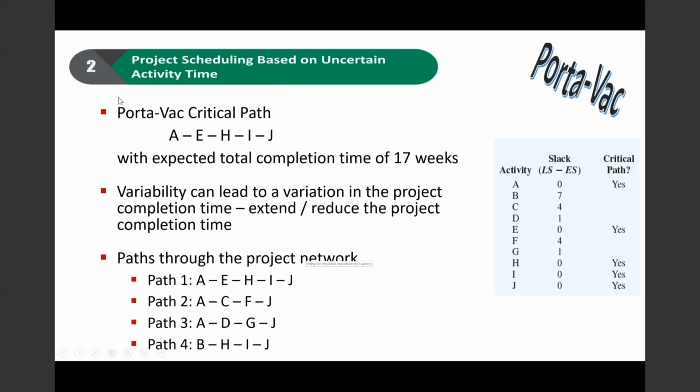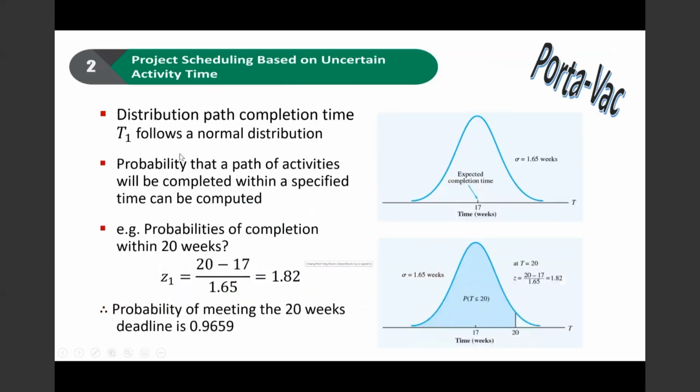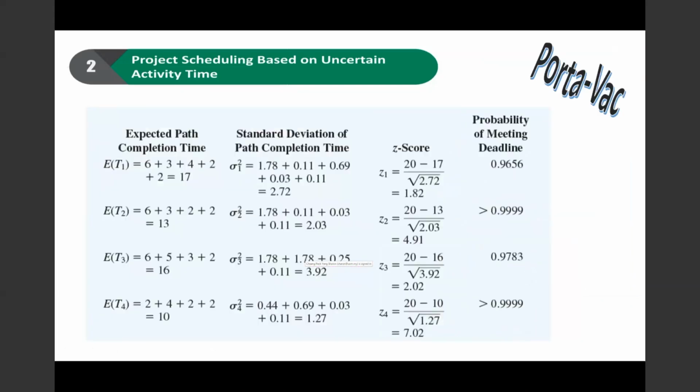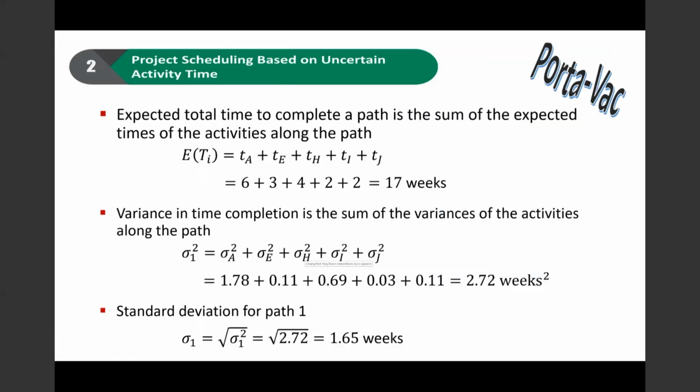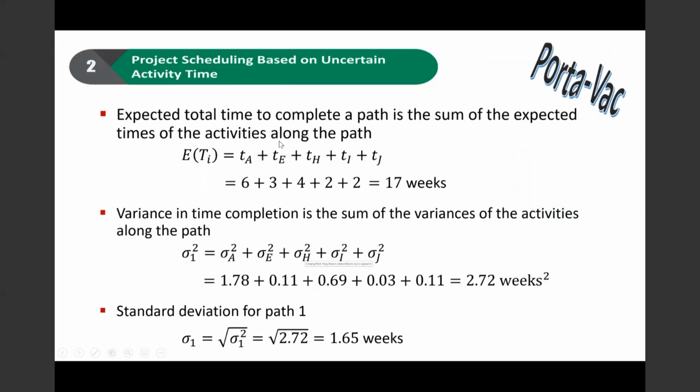So what we want to do is first look at the critical path. The expected total time to complete a path is the sum of all the activities, like what we said earlier. So 6, 3, 4, 2, 2, we have 17 weeks.